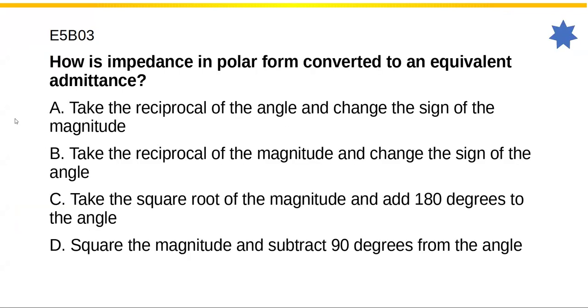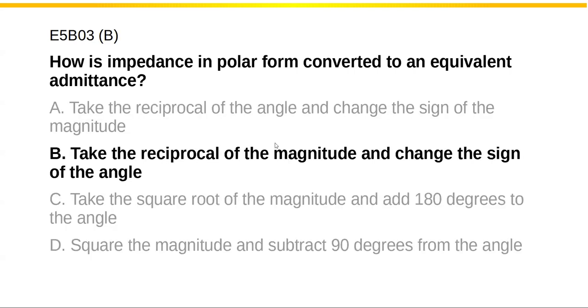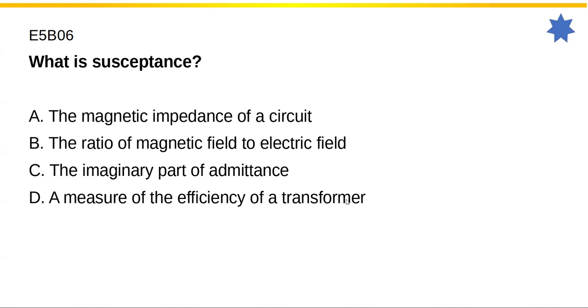How is impedance in polar form converted to an equivalent admittance? Charlie and Delta. What is susceptance?